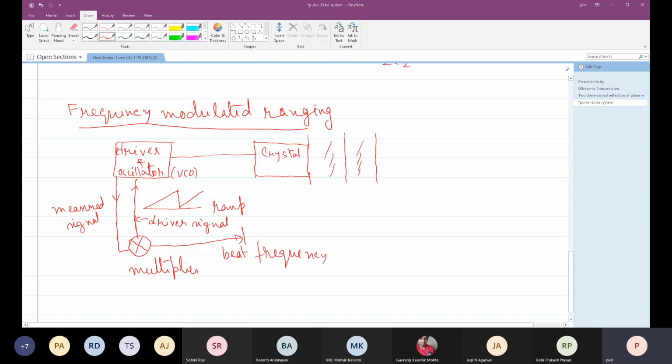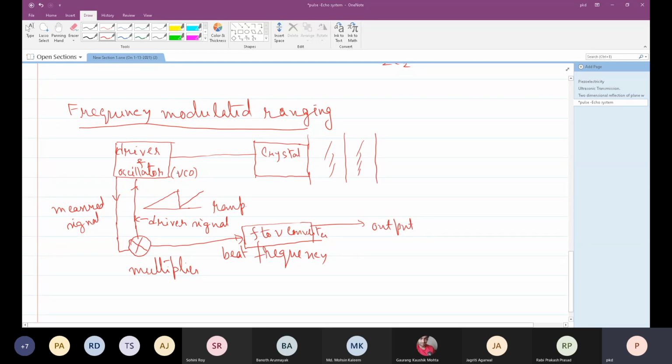Beat frequency. F2V converter. Output to the decoder also.